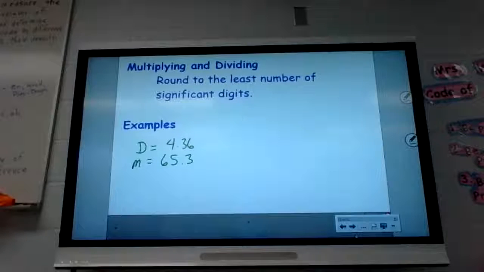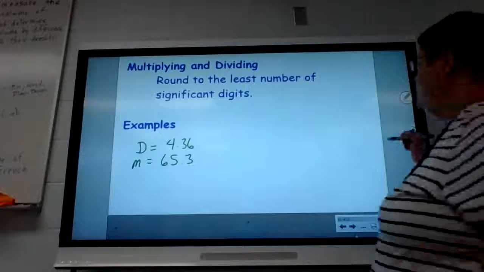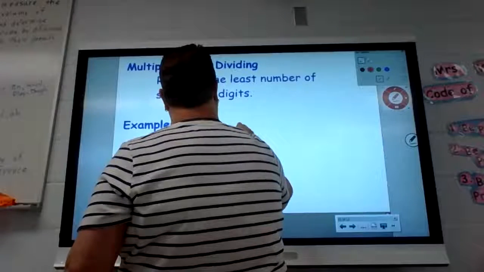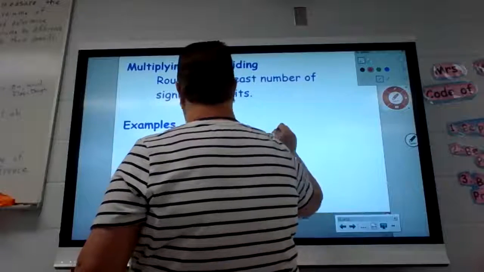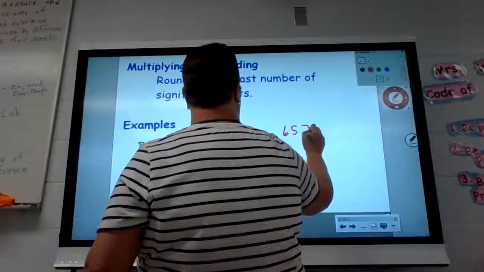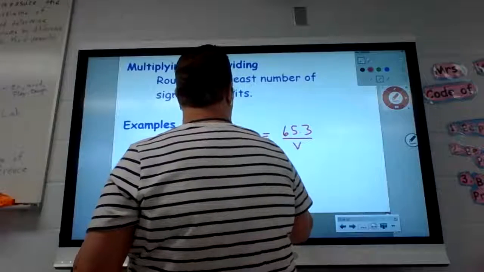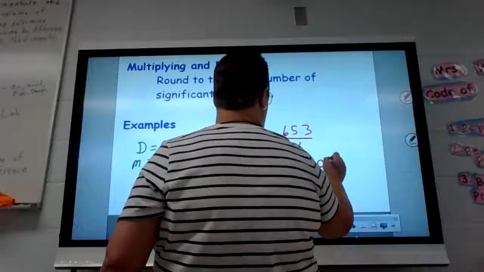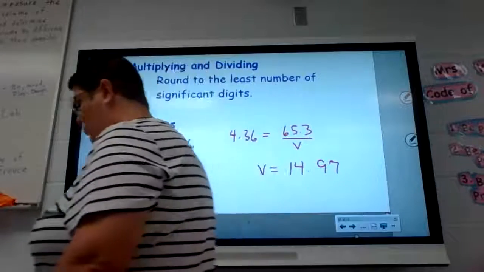So, those are the numbers that we're going to use. When we plug in and solve, we have 4.36 and 65.3, and we solve for our volume, and we get somewhere around 14.97, if I remember what Elena told me.